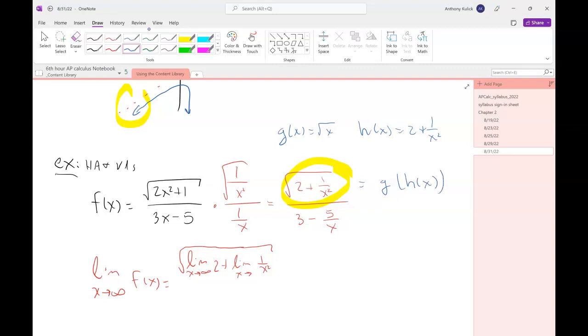If I take the limit of that composition, it's the same thing as taking g of the limit of h of x. That's what I mean when I say the limit of a composition is the composition of the limits. Does that feel okay? The numerator is a root function, but inside of that root function is a polynomial. That's two separate functions composed together. That makes sense.